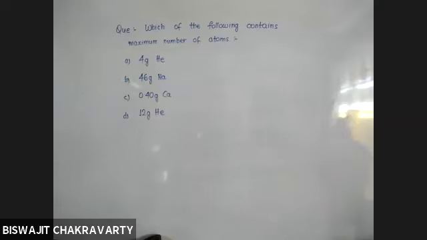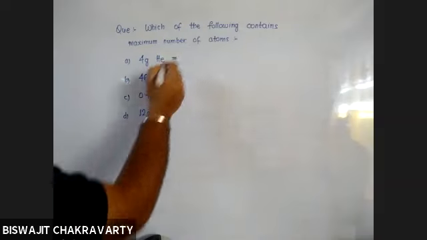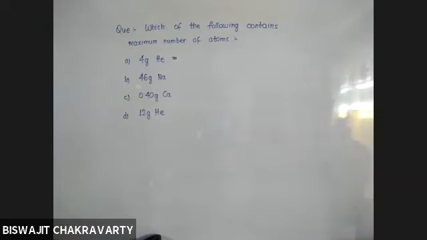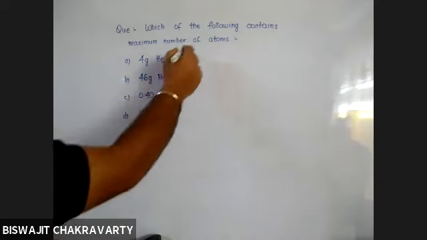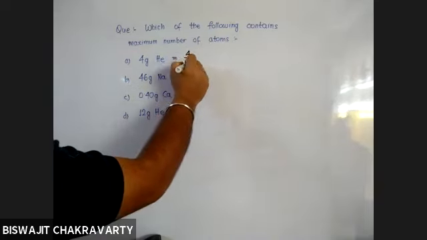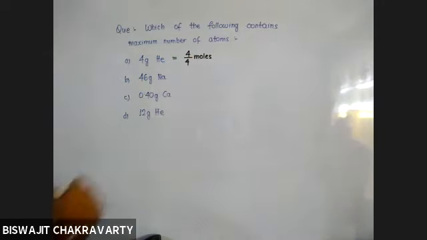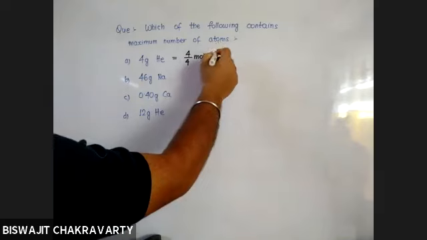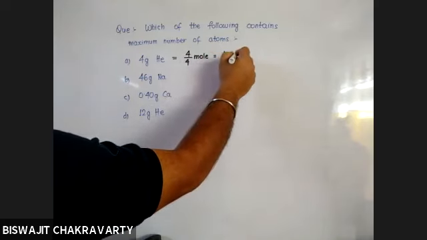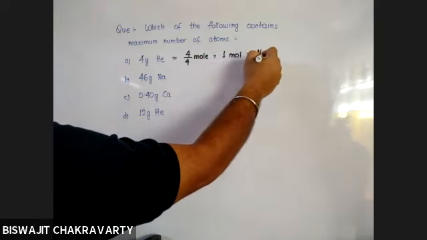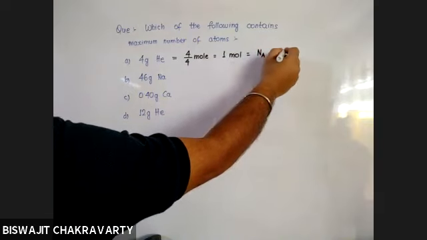Say the first one. What is the number of moles in 4 gram helium? Tell me. 1. Very good. 4 by 4, because the molar mass of helium is 4. So 1 mole. Can I write 1 mole is equal to Avogadro's number of atoms? Yes or no?